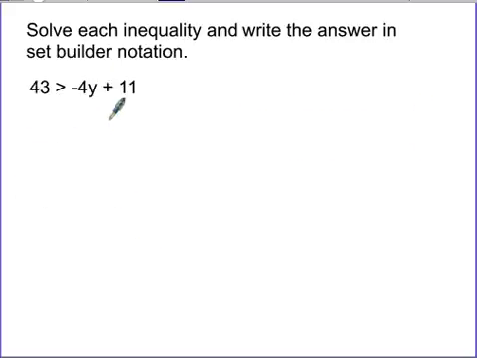And last example in this set of problems, 43 is greater than negative 4y plus 11. Subtract 11, so that is 32 is greater than negative 4y. Divide by negative 4.